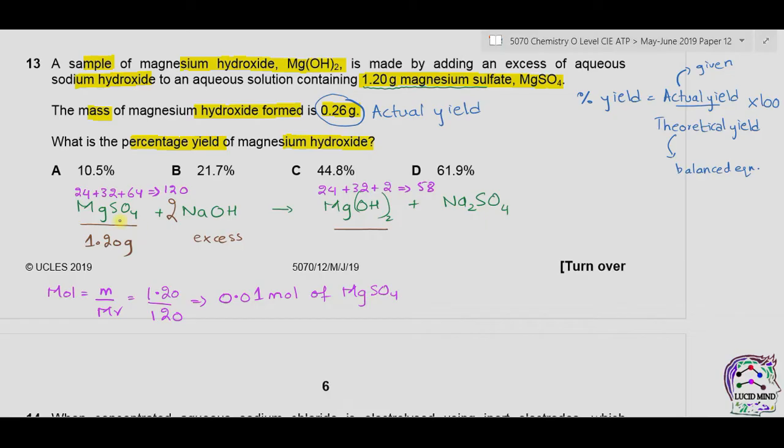Now from the balanced equation we know that 1 mole of magnesium sulfate forms 1 mole of magnesium hydroxide. So 0.01 moles of magnesium sulfate will form the same moles of magnesium hydroxide. So by cross multiplying, the number of moles of magnesium hydroxide is 0.01 moles.